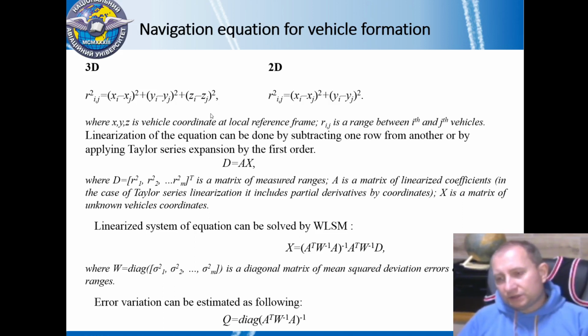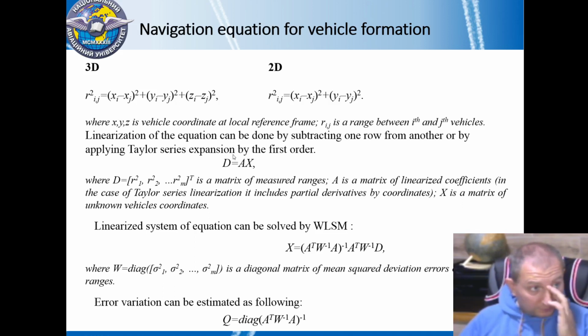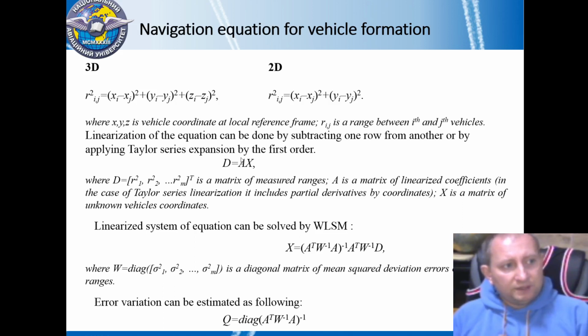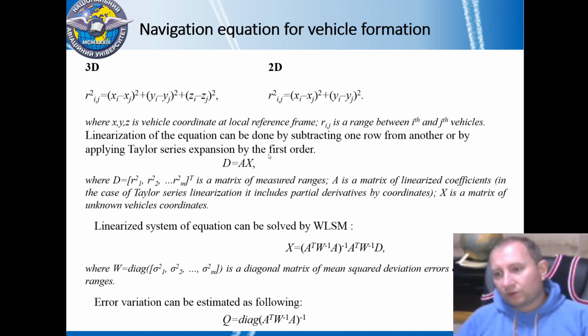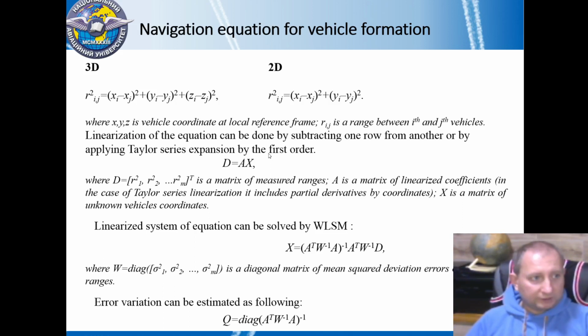After linearization by any method, our system of equations can be represented as follows. D here will be some matrix with ranges, A is a coefficient matrix, and X is the matrix of unknown coordinates of each vehicle.